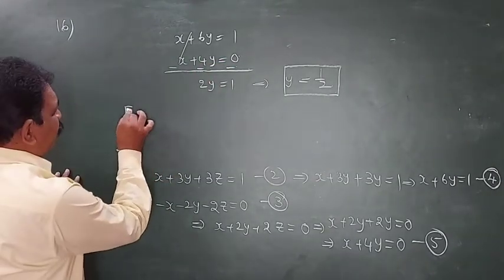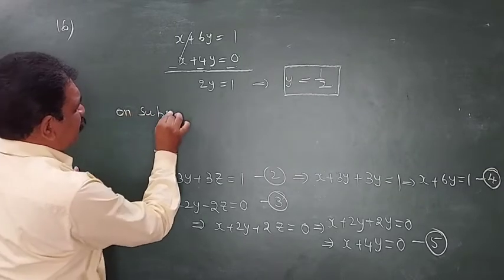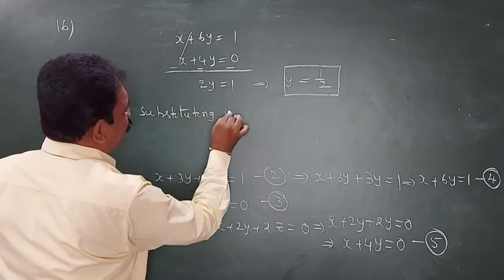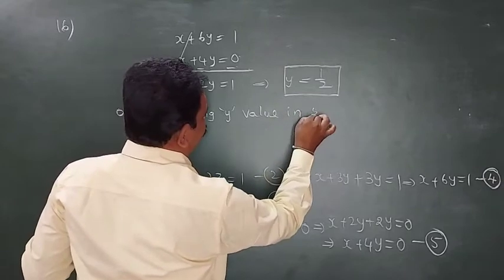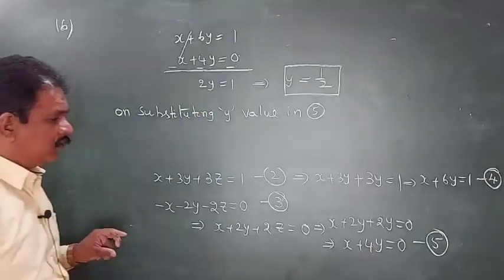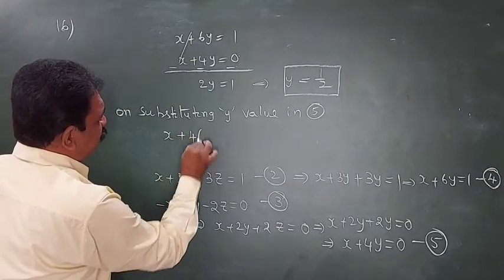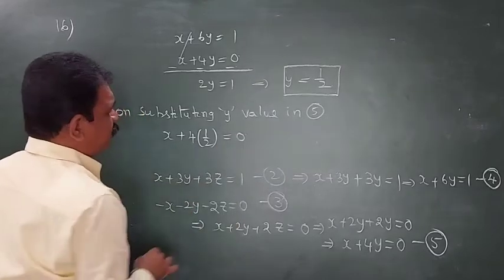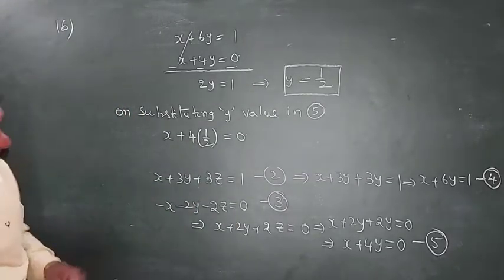From 5, substituting Y value in 5: X plus 4 into 1 by 2 is equal to 0. So how much we will get that value?